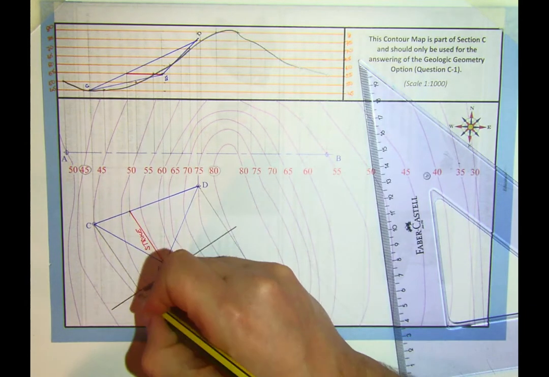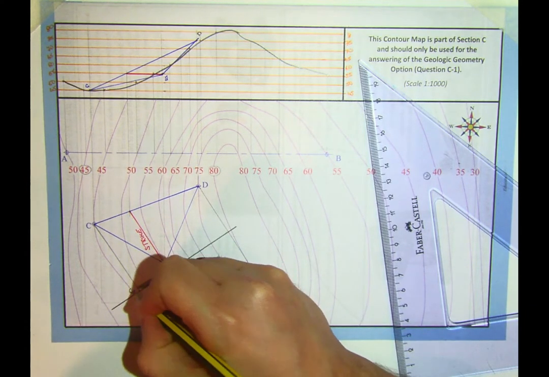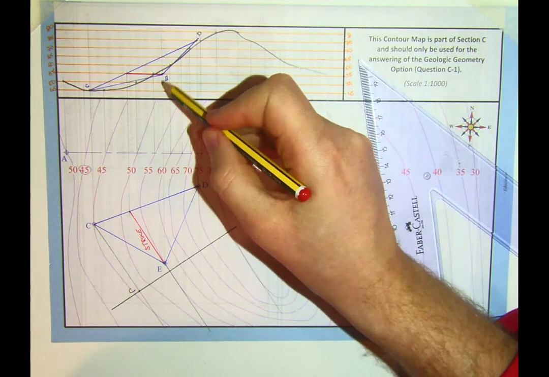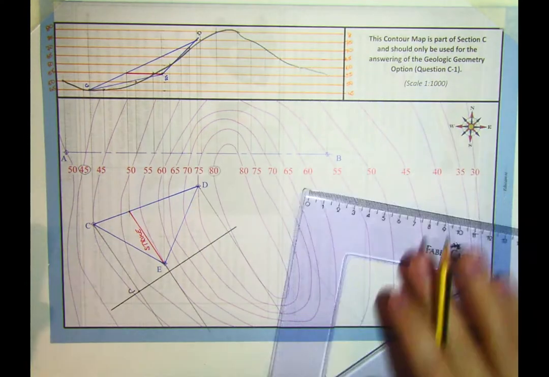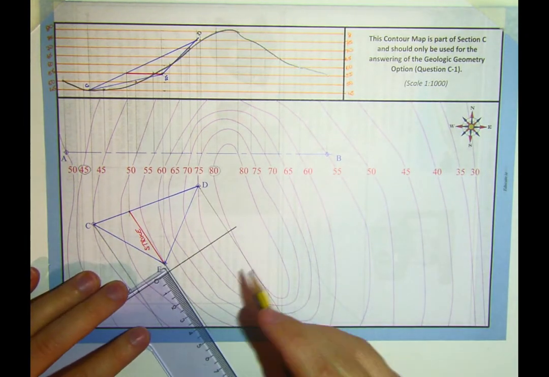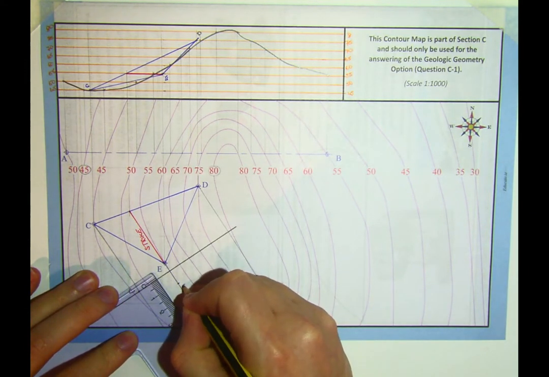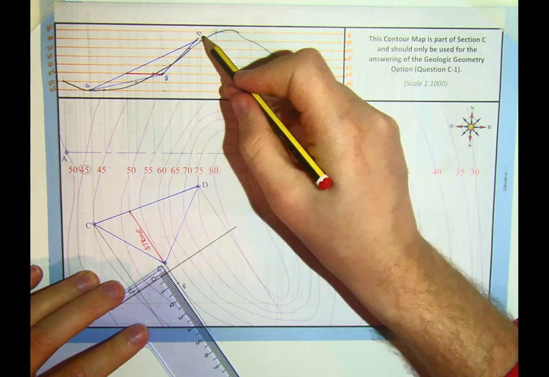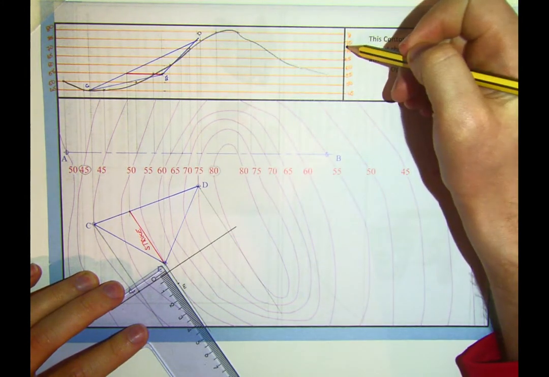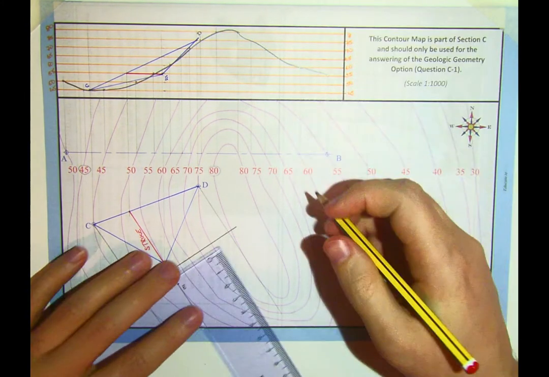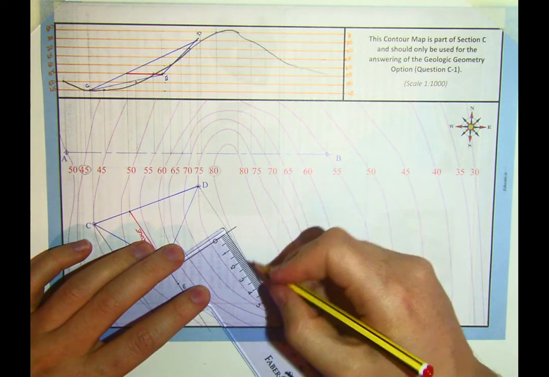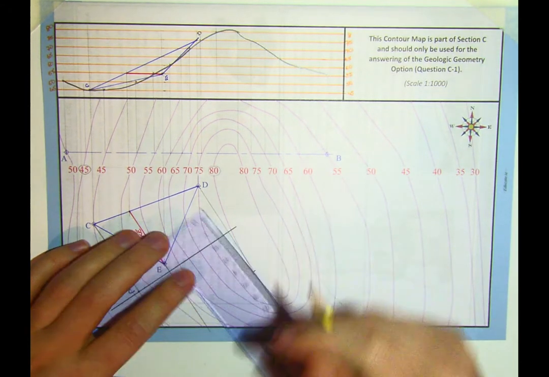C is the lowest point, so I'm going to call this bottom point down here C. The next highest point up is E. That's 10 meters above C. So if I measure 10 meters here, that is going to be point E. And if I do the same thing for D, D is 30 meters above C. I can mark that one here as well.